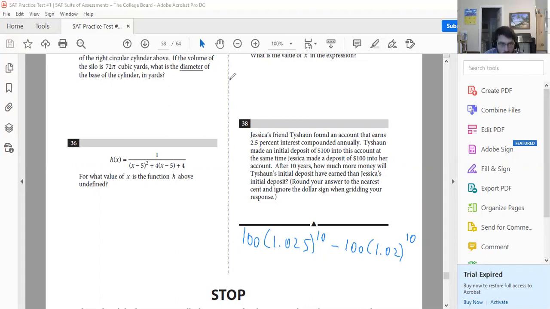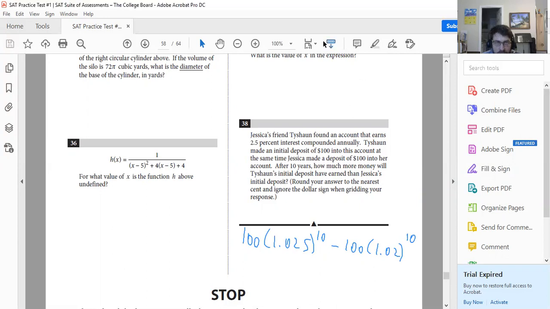Minus 100 times 1.02 caret 10. We have that as 6.11 if we round.